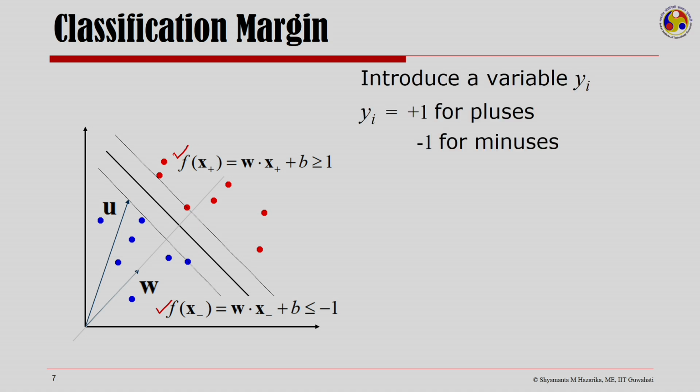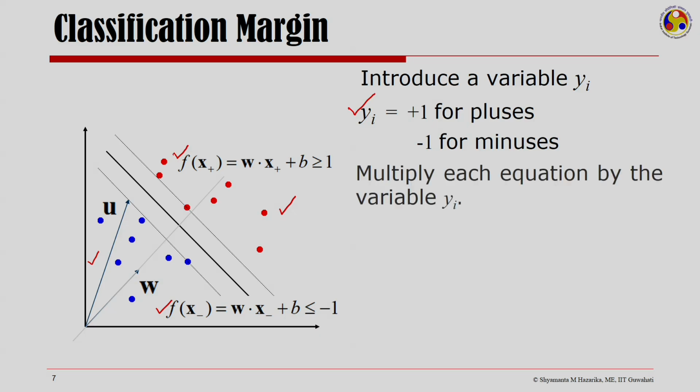Now we introduce a variable yi. This variable is defined so that yi is +1 for all the plus samples and -1 for all minus samples. So, for anything on this side of the street I consider yi to be +1, and on this side of the street yi is considered to be -1.